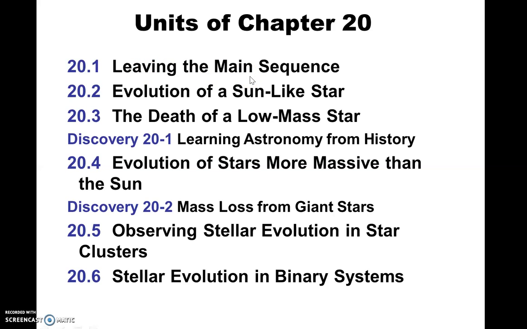Okay, so here's the thing. Stars like the sun are going to spend around 10 billion years on the main sequence. We're not spending a lot of time talking about that. It's kind of important because that's the vast majority of the lifetime of the star.